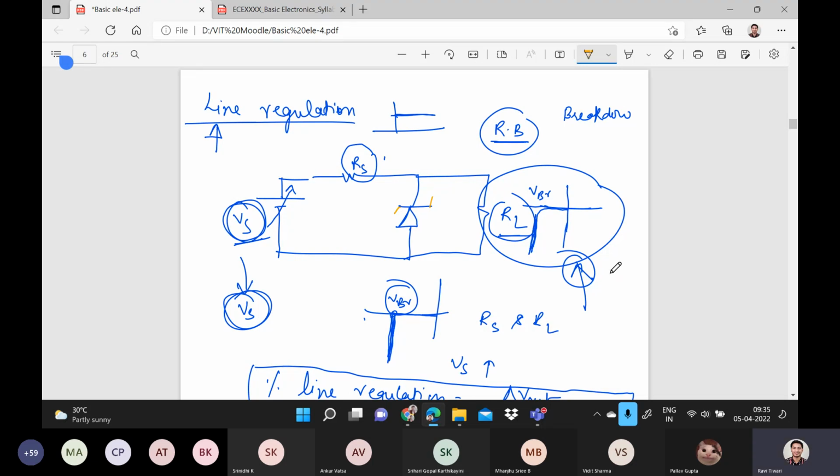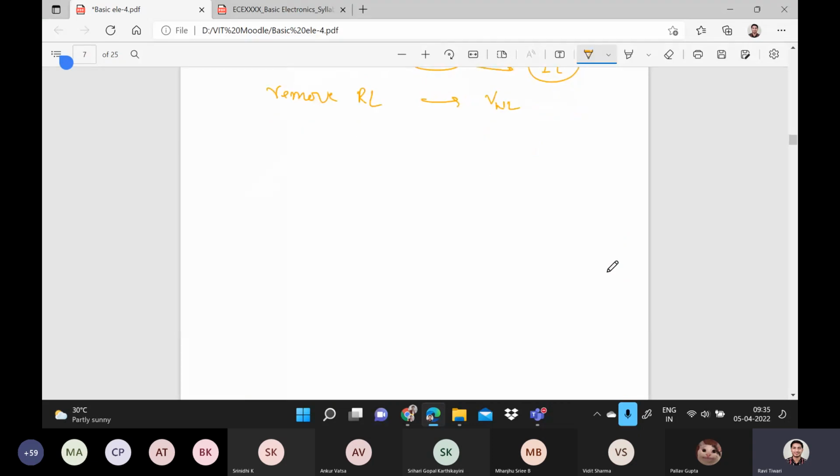Okay, let's see one numerical if you have any problem. See, if you have a circuit like this, suppose here I am giving a fixed value of 10 volt, for example. And this is the resistance RS. Suppose it's a constant value, around 100 ohm.